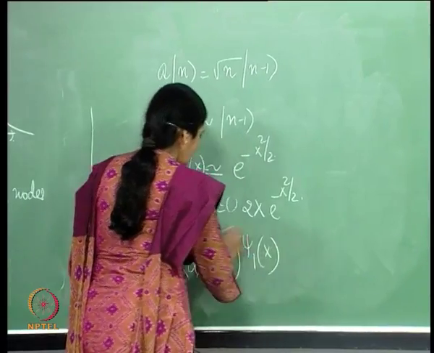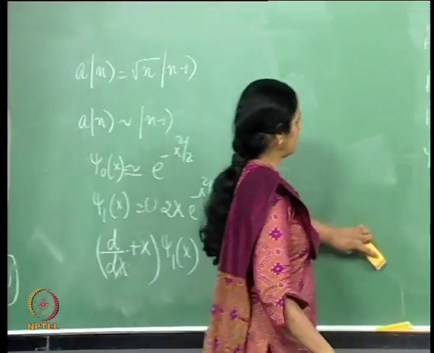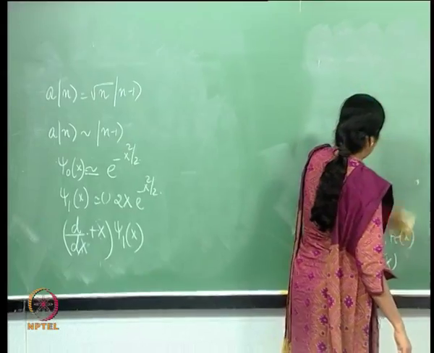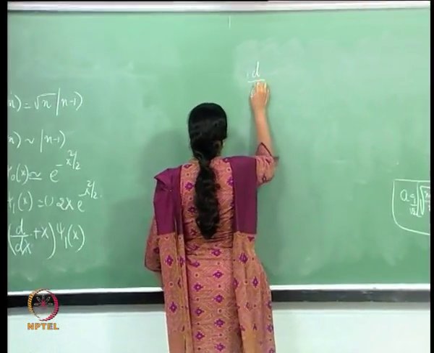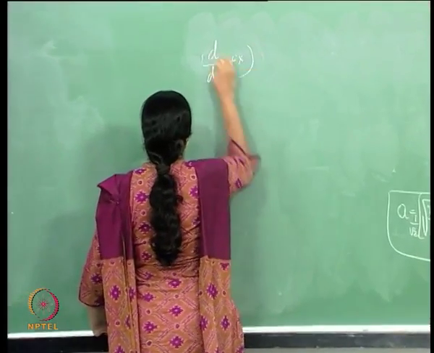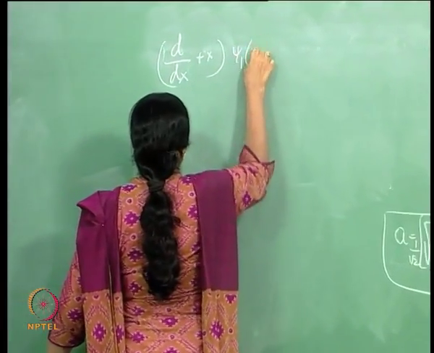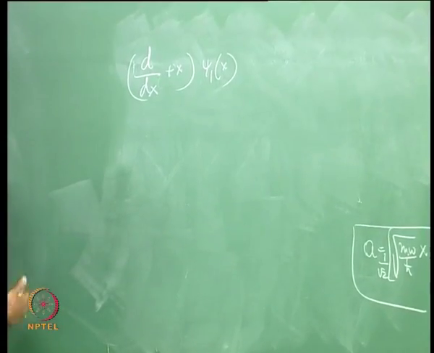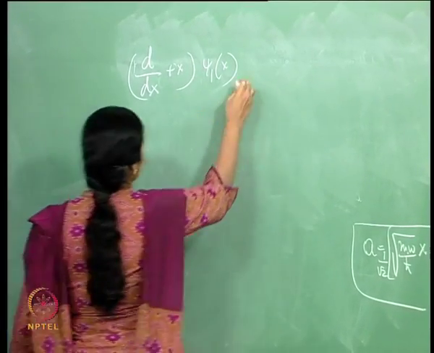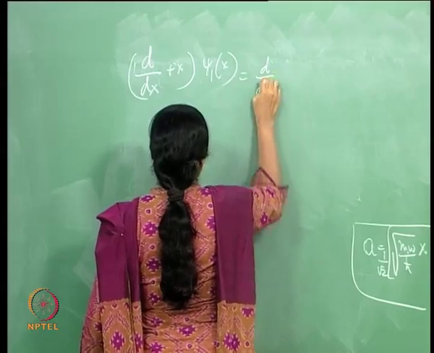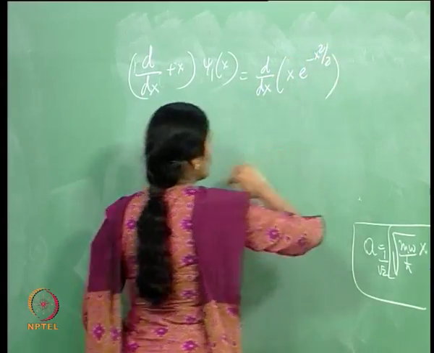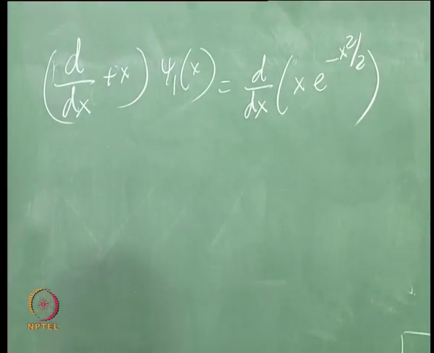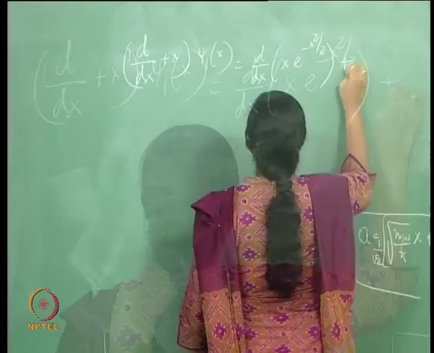Let us evaluate this quantity. That is the analog of A on ket 1. Of course, I am forgetting constants, I am just trying to see the general pattern.